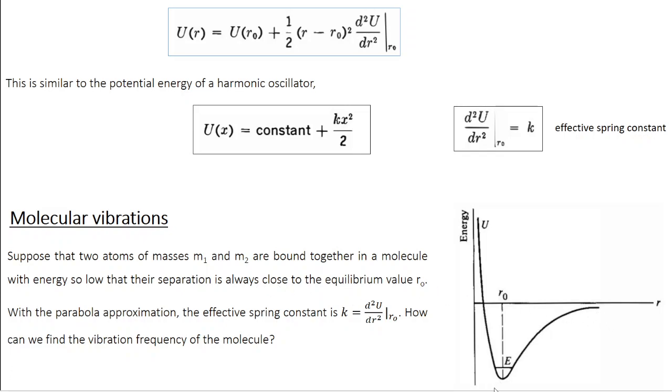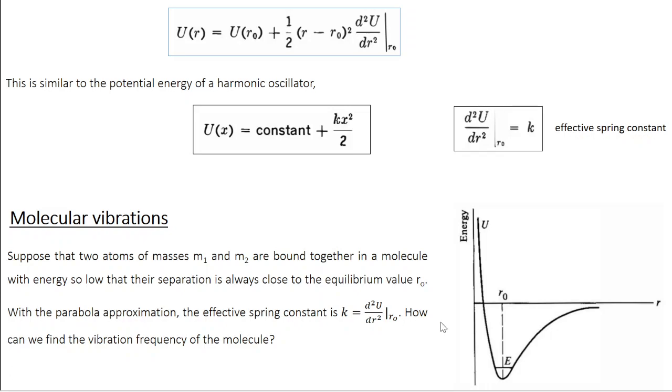So we know that this is the potential energy curve of a molecular system, and if the energy is very small, basically the two atoms are going to be confined to this small region, and in this region the potential energy curve is parabolic, which means I can approximate this to a harmonic oscillator in this region. Right? So with the parabolic approximation, there's an effective spring constant k equal to d square u by dr square at r0. This also we know.